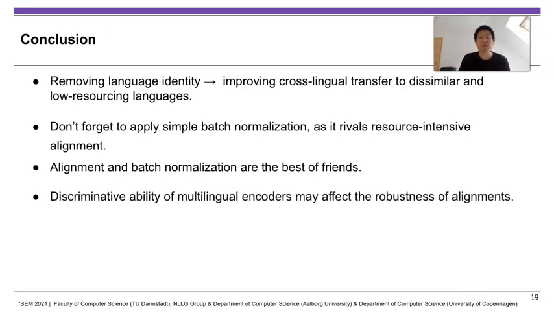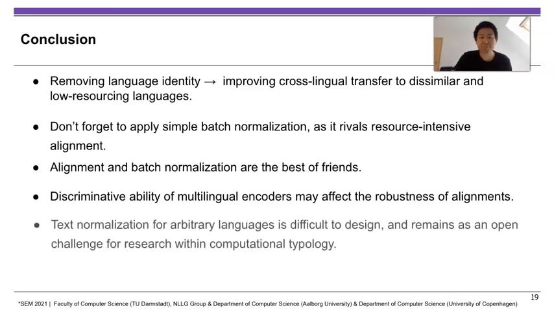And we found the discriminative abilities of multilingual encoders may affect the robustness of alignment, and we suggest improving the discriminative ability, particularly for XLM-R. Finally, we show that text normalization for arbitrary languages is a little difficult to design, which is still an open question for future research.